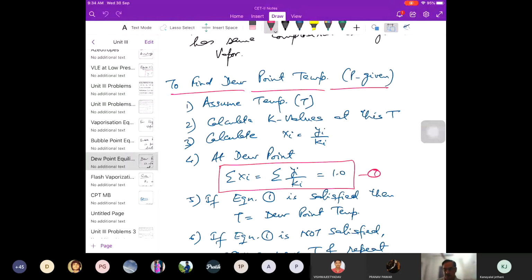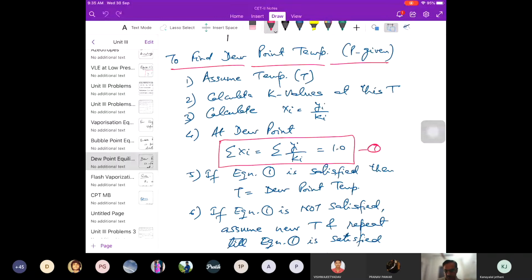जैसे पहले हमने देखा था, summation of yi should be 1 for bubble point. For dew point, summation of xi should be equal to 1. Right? If this equation is satisfied, then the temperature is correct. That's a dew point. If it is not satisfied, then we have to assume a new temperature and repeat till equation 1 is satisfied.